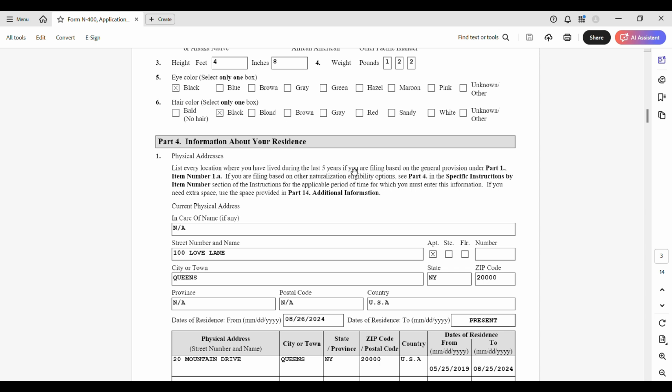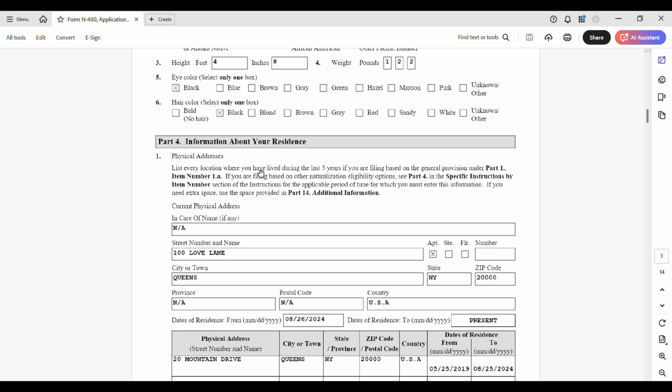For more information on this, I strongly recommend that you visit the USCIS website at www.uscis.gov to get the specifics on what's required based on your category of applicant.